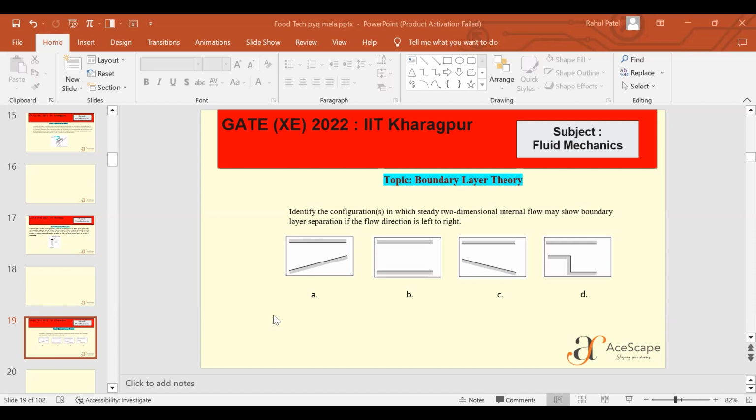Since it is a multiple select question, you give the answer in the chat box only. You just leave the poll.